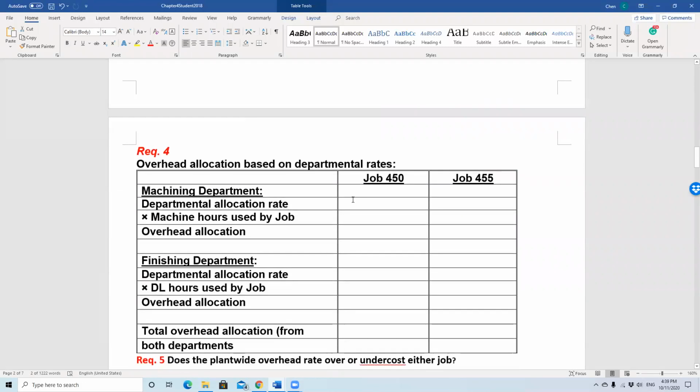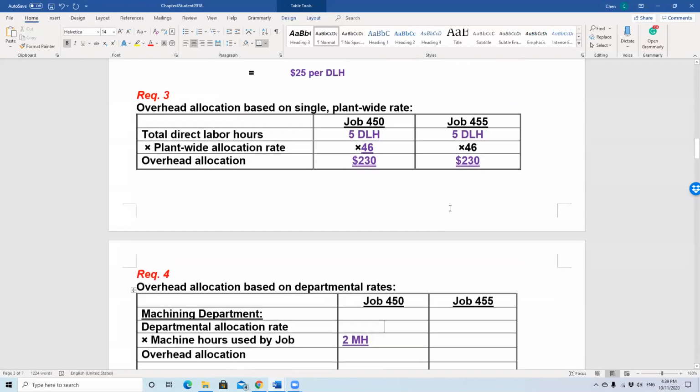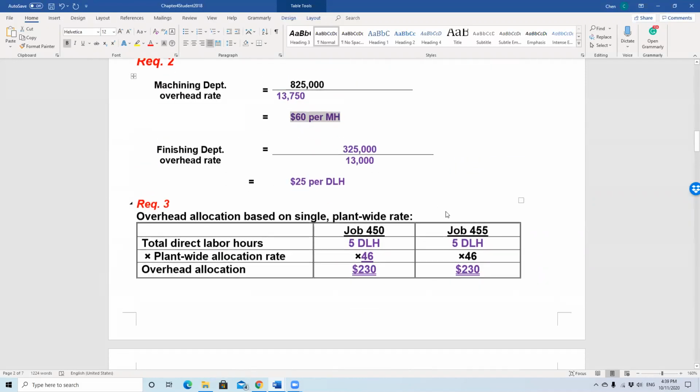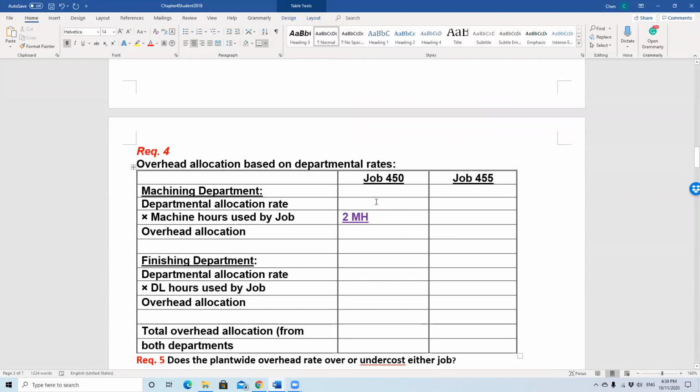So the machine hours used by the job is 2, and the allocation base for the machining department, as we calculated here, is $60. And then we know that the total overhead for the machining department for job 450 is 130.